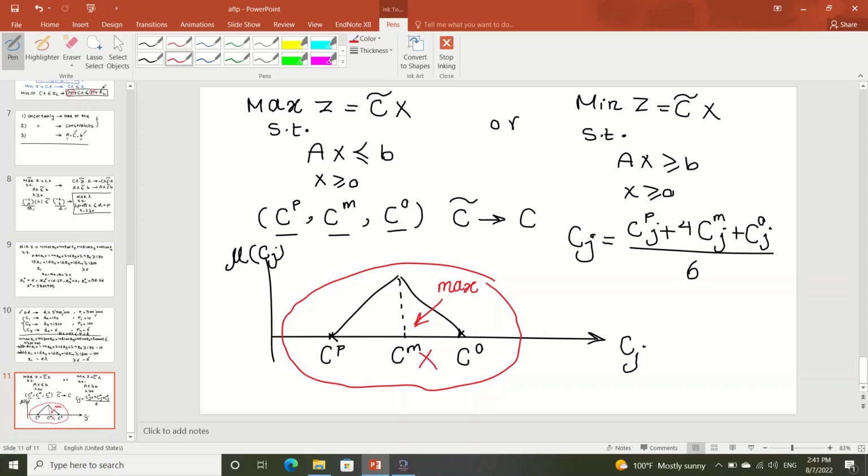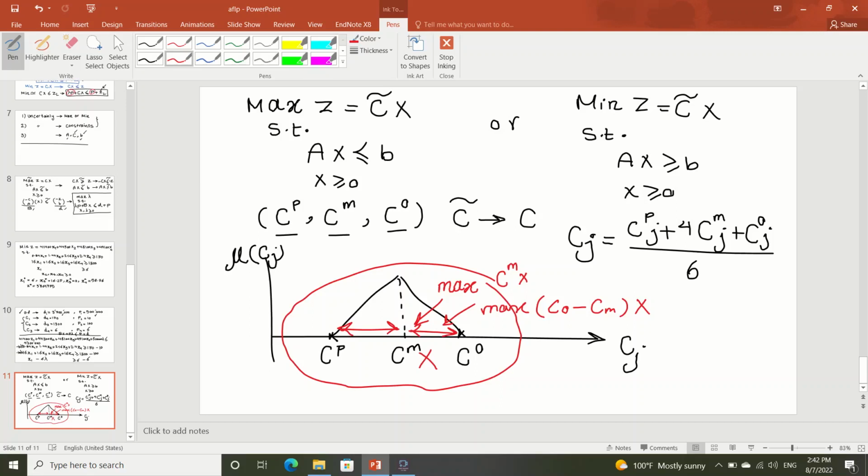And maximize this interval, Co minus C moderate, multiply decision variables, you are going to maximize the fuzzy objective function. And there is another notation that you must pay attention to. What is this? This interval.